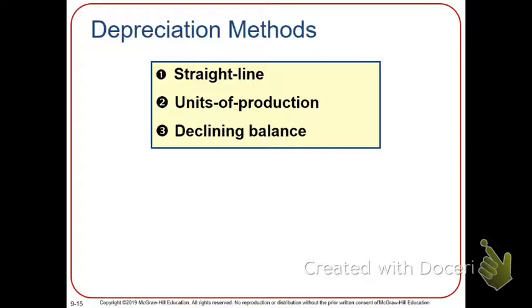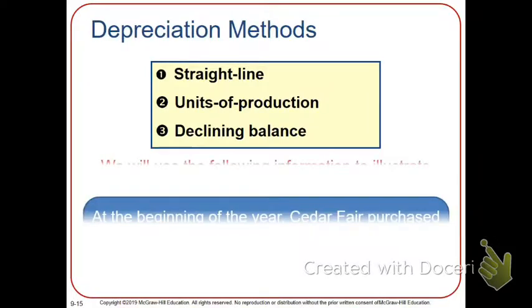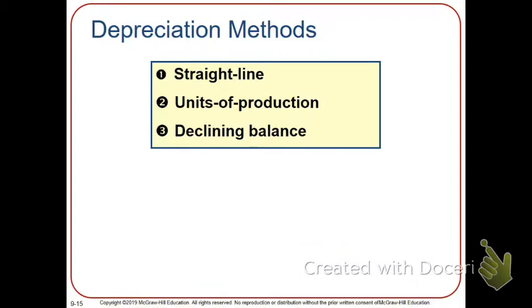All right, so straight line is the easiest. I'm going to go backwards. Straight line is going to be cost minus residual value divided by what we call the useful life.